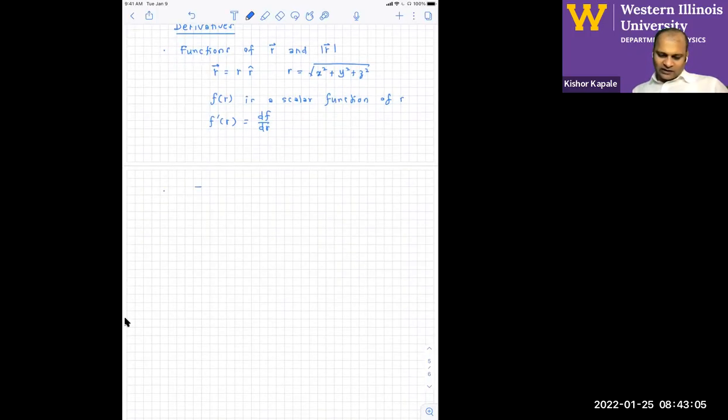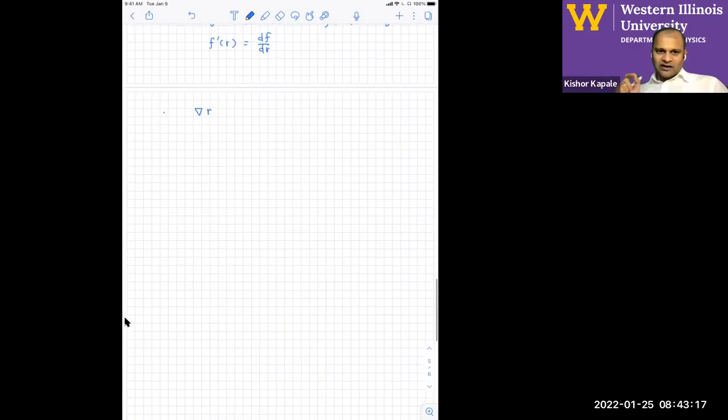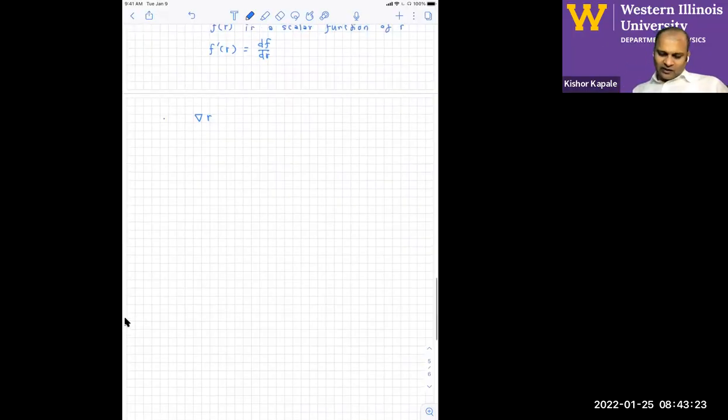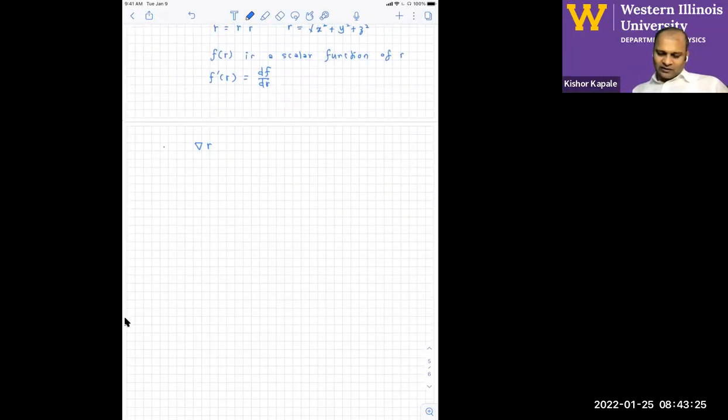So you can have, for example, gradient of r. Remember I said r itself, which is not the unit vector r-hat, but r as a scalar field, the distance from the origin of any given point in space. That itself is a field, and you can calculate its gradient. What do you think that will be?